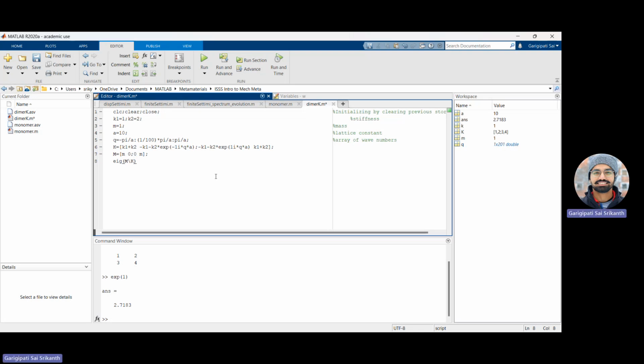So in matrix multiplications or divisions, the forward slash and the backslash are important. They tell you, because the matrix, if it is divided to the right or to the left, it is not commutative. So it is M backslash K. If you can check the equations.